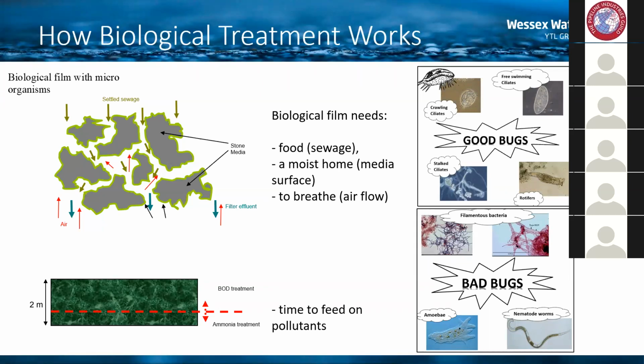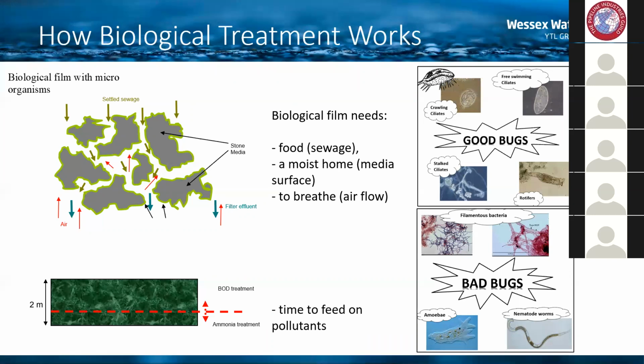On the bottom of this slide here, you may have noticed on the image that the filter was quite deep. They're typically 2 meters deep, and there's a reason for that. The bacteria that treat the BOD, the biological oxygen demand, are a bit more resilient and a bit faster growing, so they tend to grow at the top portion of the filter, and they remove a lot of the load initially as it comes in.